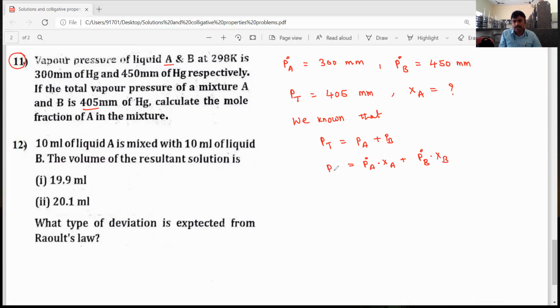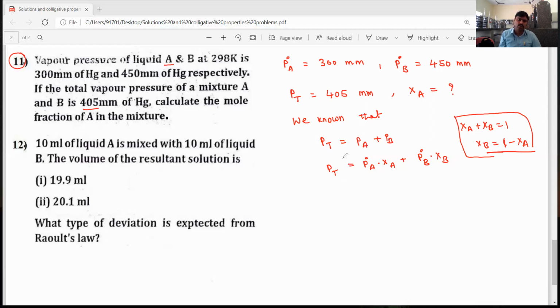Then we know that Xa plus Xb is equal to 1, so Xb is equal to 1 minus Xa. I converted Xb in terms of Xa, because we need to find the Xa value. That's why I take 1 minus Xa.